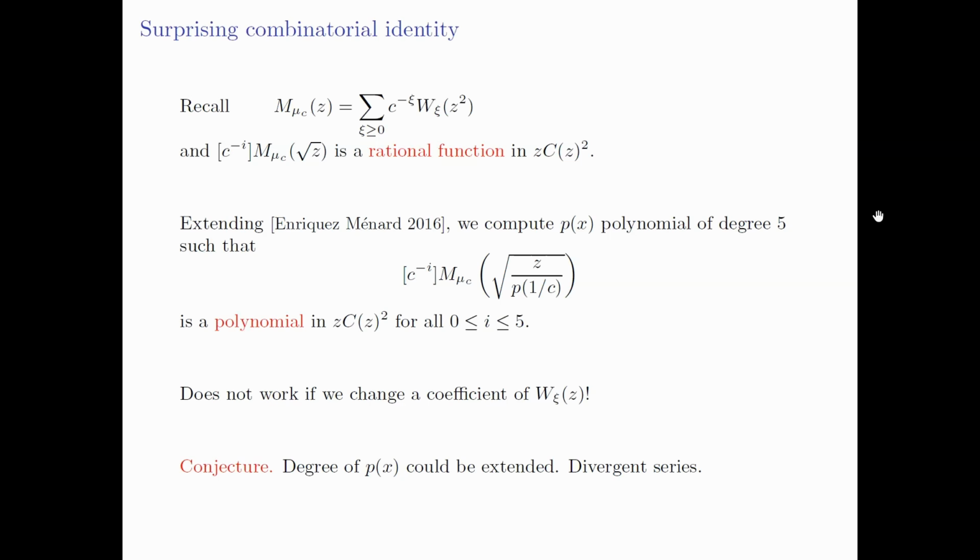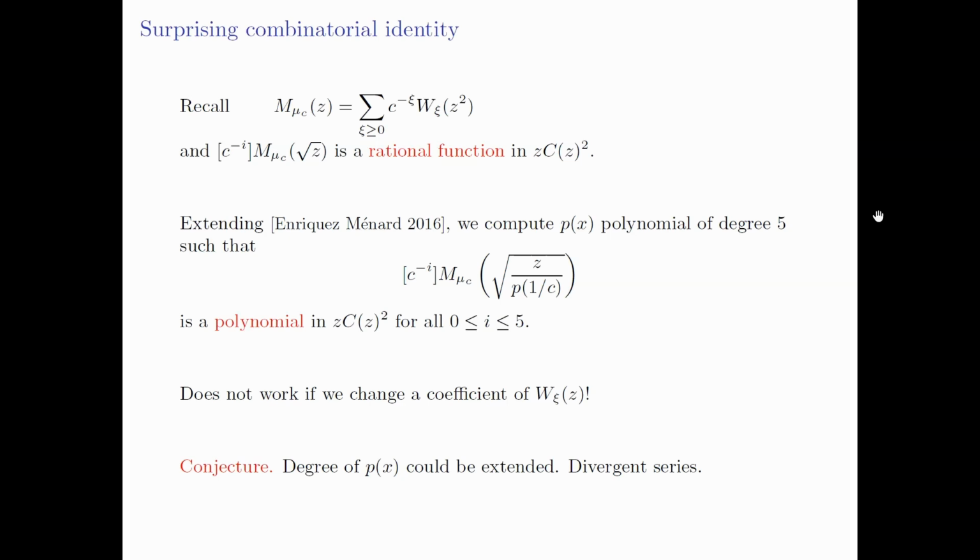And if you take P of larger degree, we believe that this is true only for the first coefficients, up to the same order as the degree of P. So if you increase P, maybe you get more coefficients that are polynomials, and after that, the coefficients are again rational functions. And this is not something that you can do for any sequence.